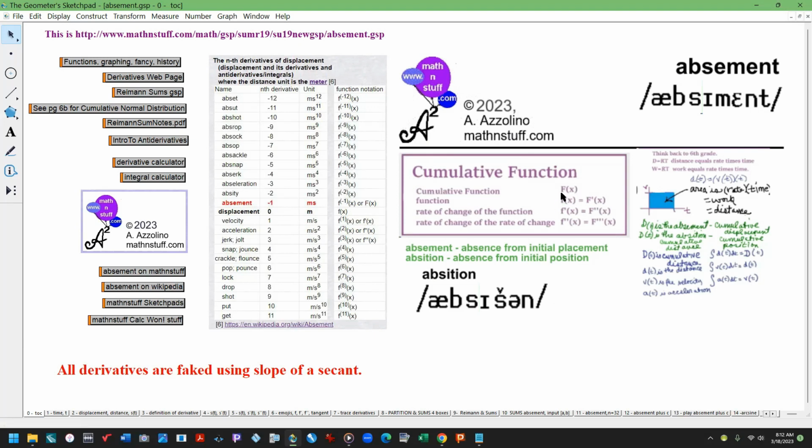Most people seem to be calling it capital F. In the notation introduced recently, grouped as the nth derivatives, the absement function, or capital F of x, is listed as f negative 1. So it's not f prime, it's f to the negative 1 of x.